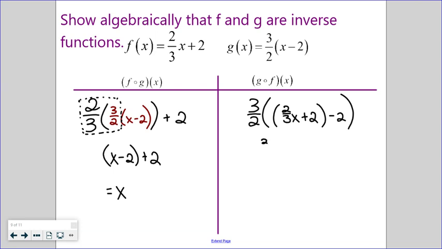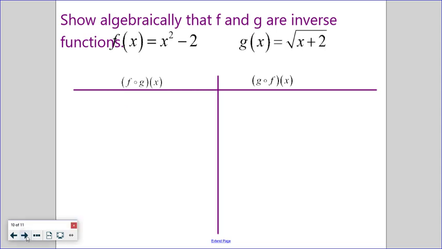So we would be left with 3/2 times 2/3x, and plus 2 minus 2 is gone. And now 3/2 times 2/3 is 1x. So we just have to remember our correct steps. And there's sometimes some options up there, but make sure that you're doing things in the correct, please excuse my dear Aunt Sally, order, right? Cleaning up our equation there. Questions on that?